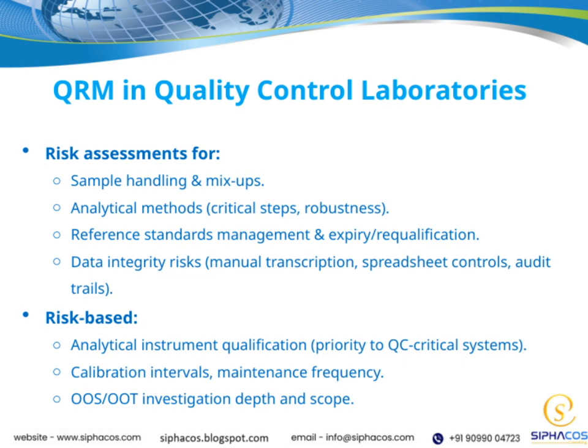Regular calibration intervals and maintenance frequency are vital to keep instruments performing optimally. Finally, the scope and depth of out-of-specification or out-of-trend investigations should be assessed, ensuring we investigate thoroughly but efficiently. All these risk assessments tie into our broader quality risk management approach within the quality control laboratories. By identifying and addressing these risks, we help ensure our processes are robust, compliant, and capable of delivering high-quality products consistently.